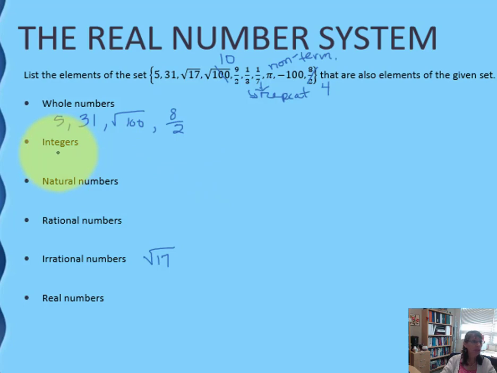Next, the integers would include all the whole numbers we listed and any negative values. So I'm starting with 5, 31, square root of 100, 8 halves, and we also can include now the -100.